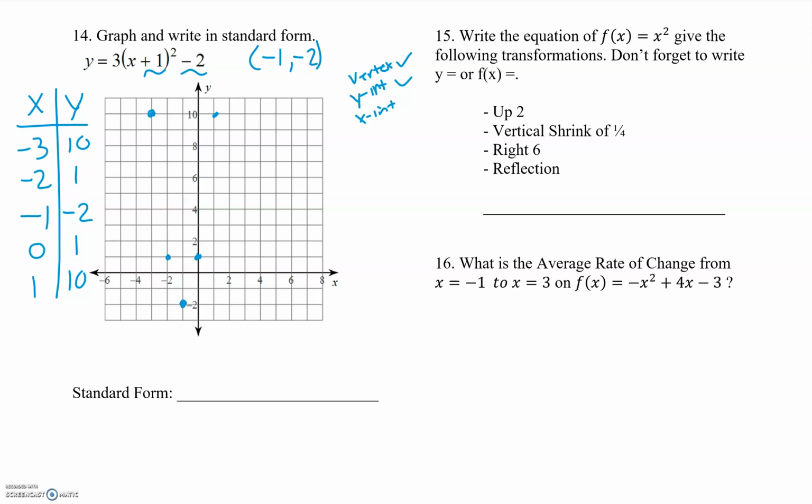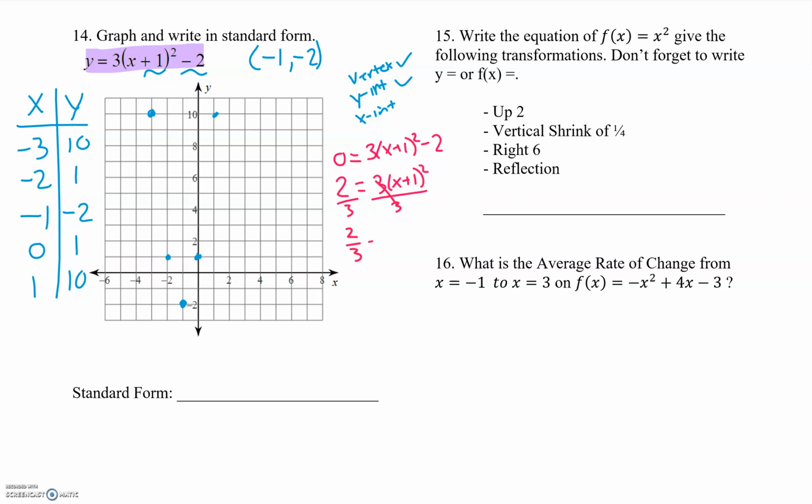So let's right now solve this. We need to take this equation right here and we need to solve for x. So we're going to solve by square roots. Set it equal to 0 because x-intercepts have a y value of 0. And we've got our equation and we're solving. So add 2 to both sides. Divide both sides by 3.